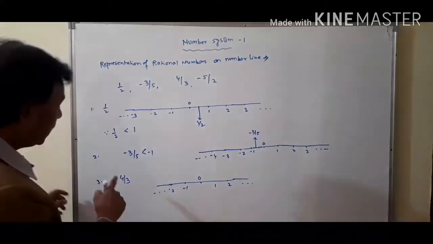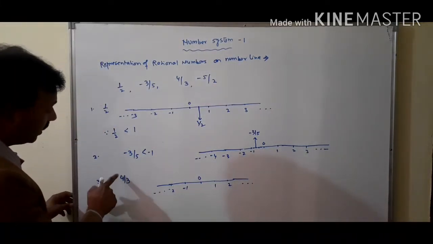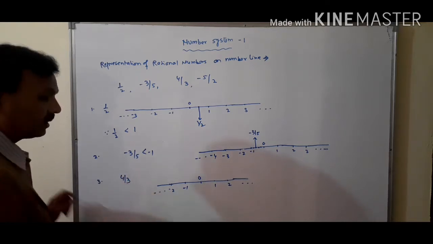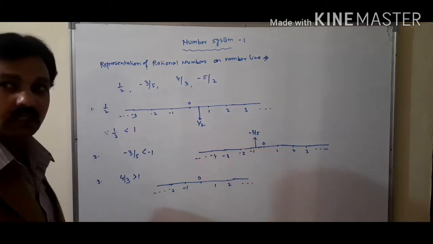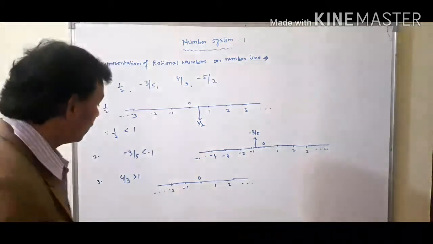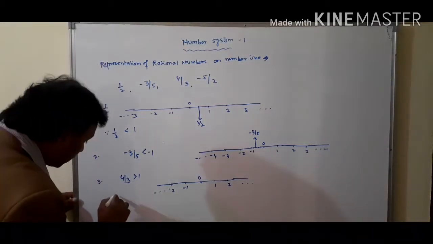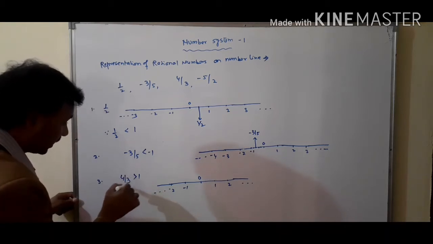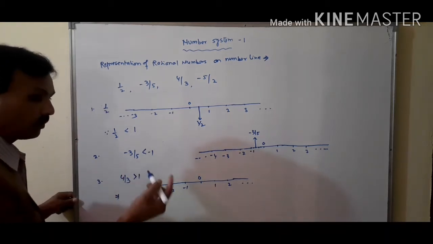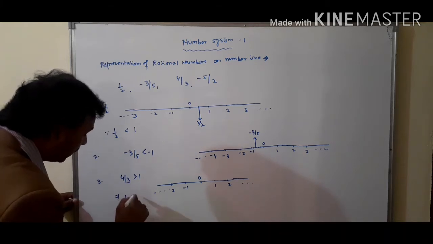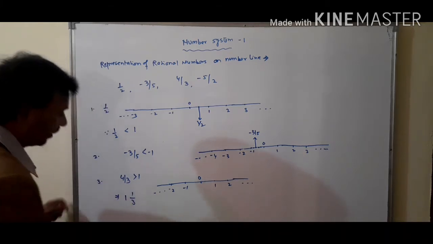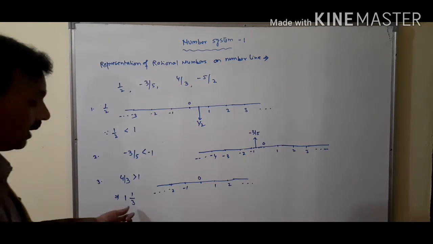Now this number is an improper fraction because the numerator is greater than the denominator. That means this is greater than 1. So first change this improper fraction into a mixed fraction. That means it will be written like this, 1 into 1 by 3.